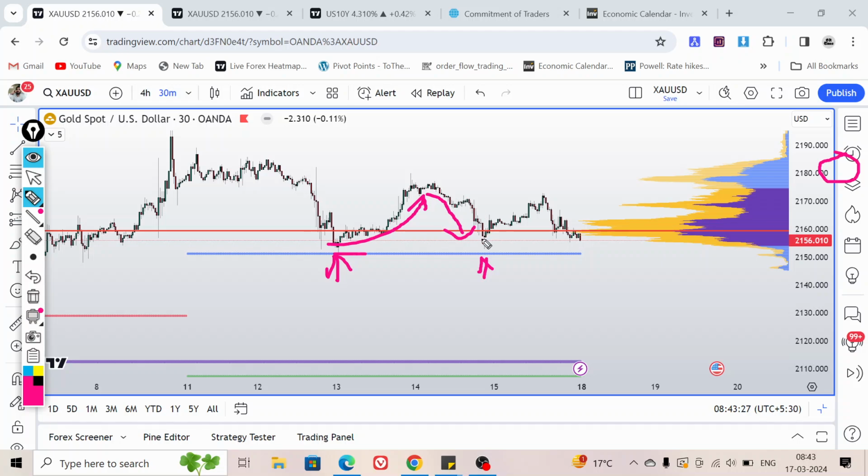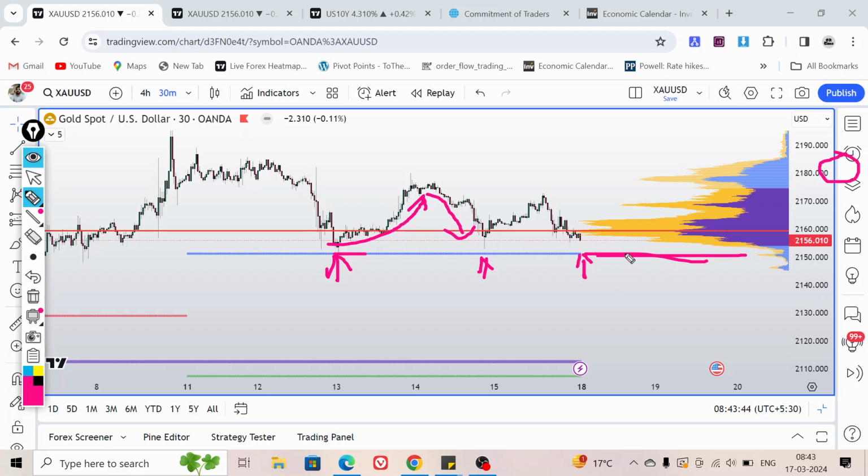Whenever price comes down near this level, we have seen a bullish run on the smaller time frame. Again the price is retracing back toward this weekly pivot.